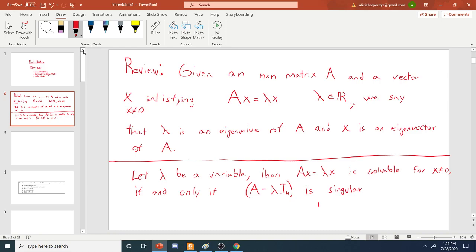And of course, being singular is equivalent to the determinant of A minus lambda times In being equal to 0.